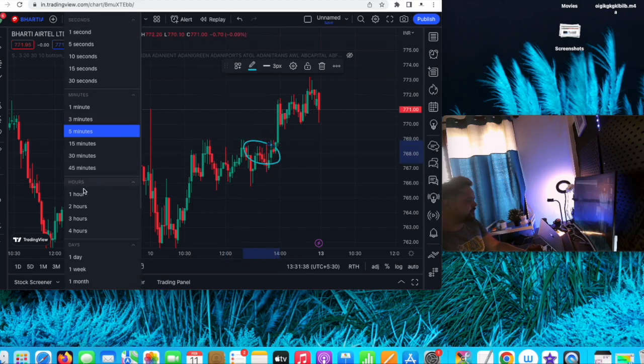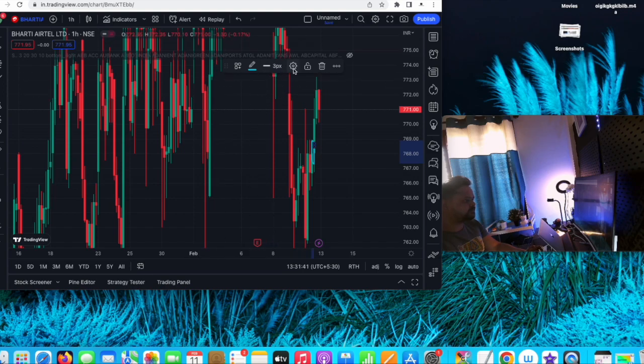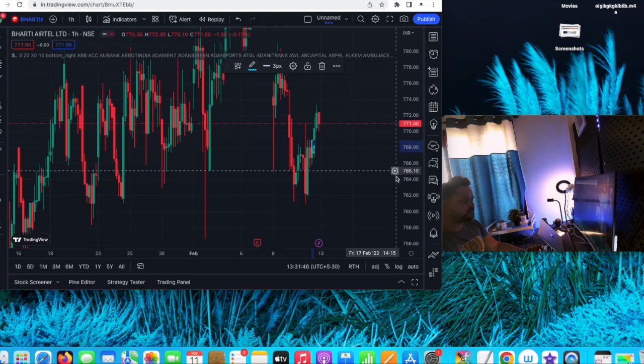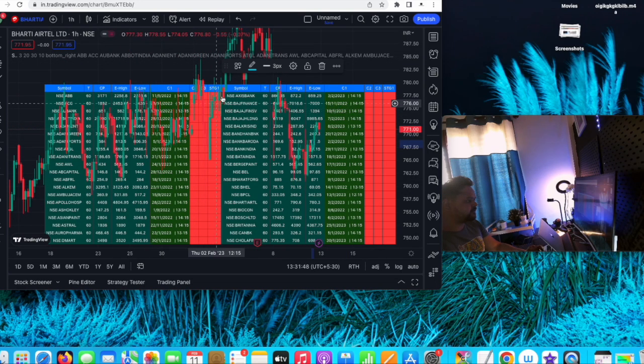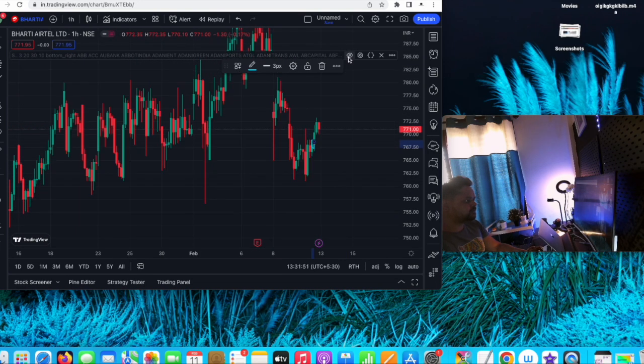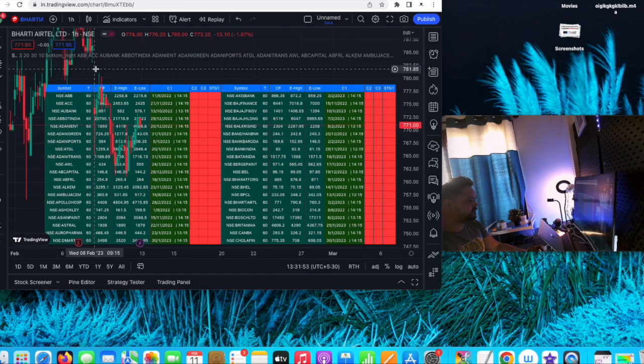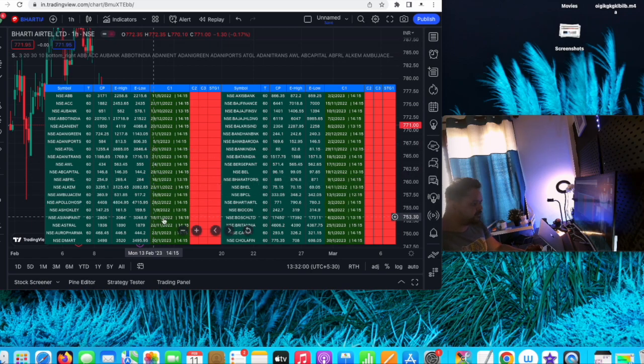If you want to change your time frames, let's say 1 hour, you can do that. And for 1 hour time frame, you'll be having the bird's view. If you look at this, you have to search for 1002, that is 10th of Feb.